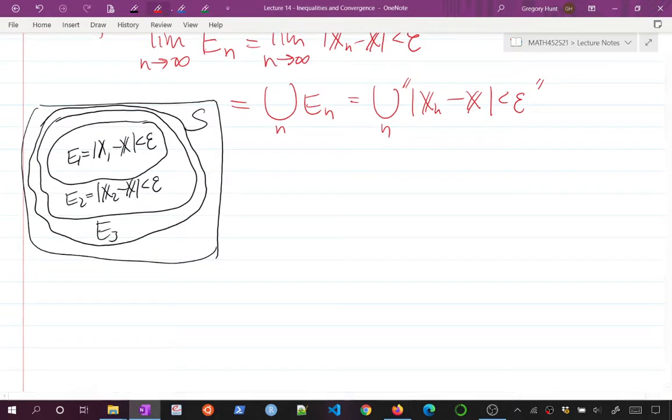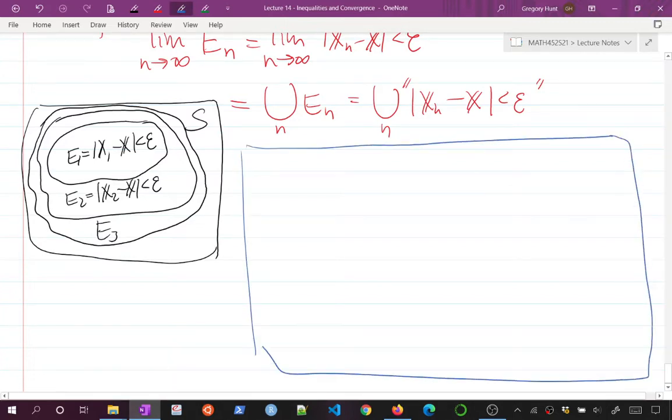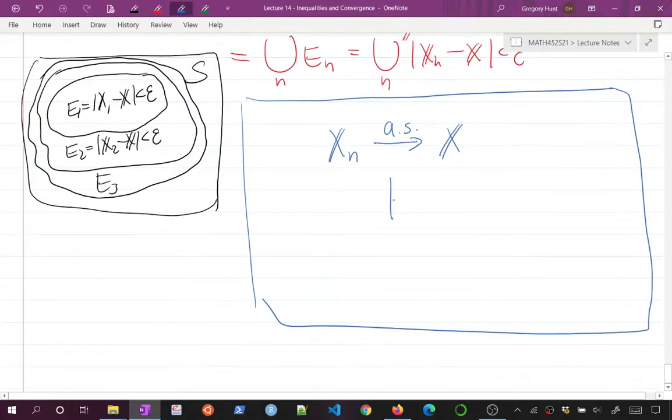And in a real PhD level class, you would more properly define that. We're not in that class. And this is just an interesting aside, that it is equivalent to say that x_n converges almost surely to x is equivalent to saying that the probability of this limit, as n goes to infinity, of |x_n minus x| less than epsilon is 1.